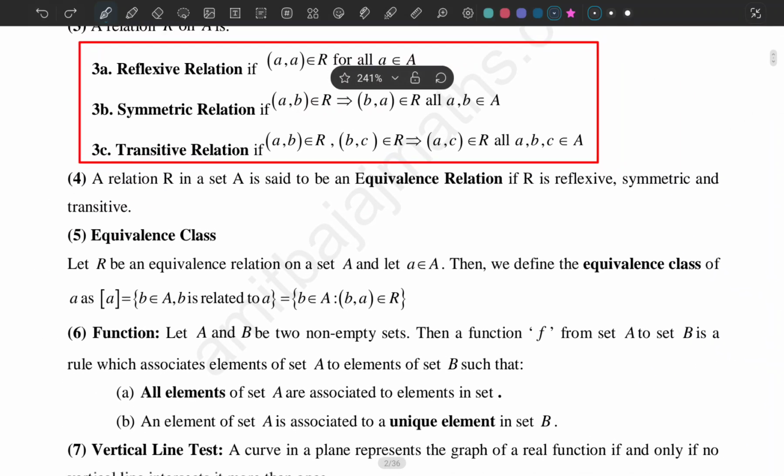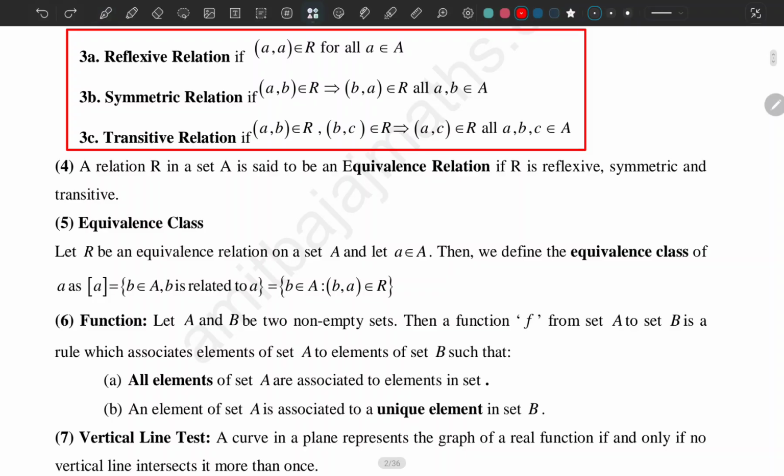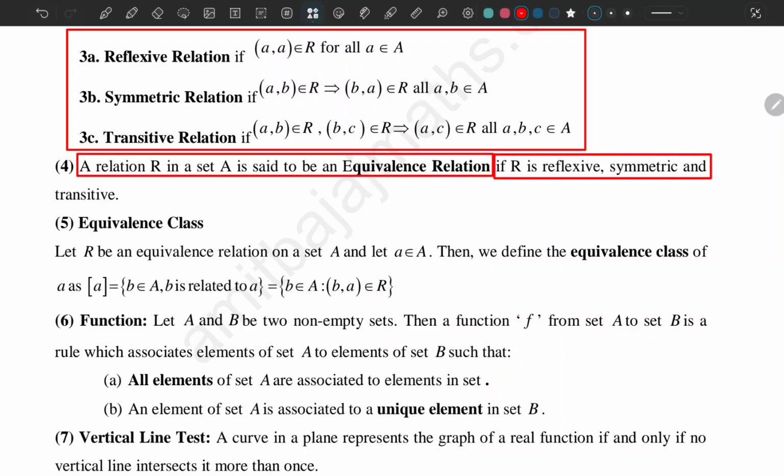Okay, and then a relation in a set is said to be an equivalence relation if R is reflexive, symmetric and transitive.